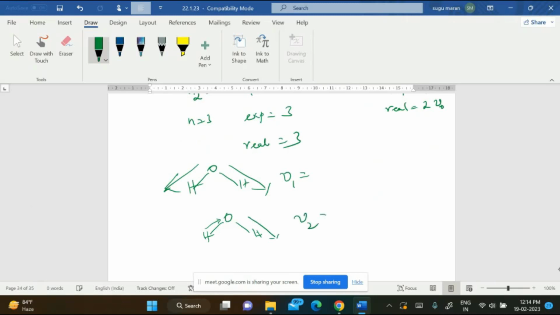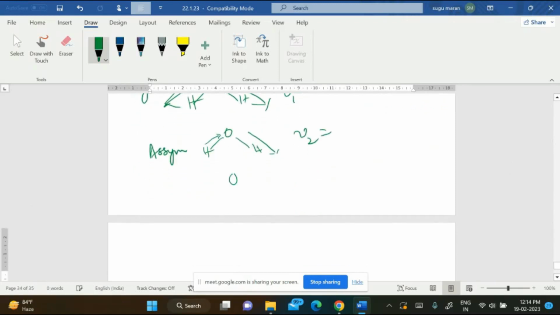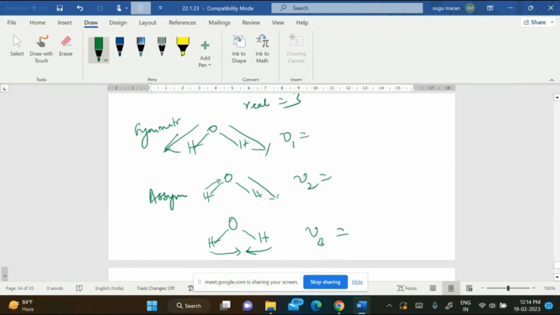And then you have the bending vibration. So these are the three fundamental bands for the water molecule.